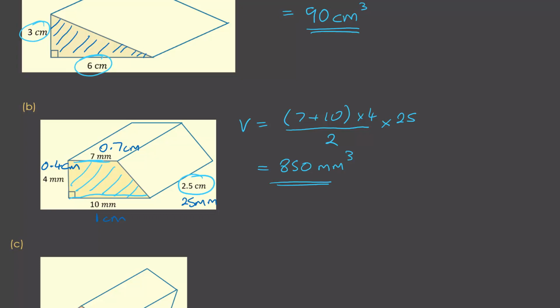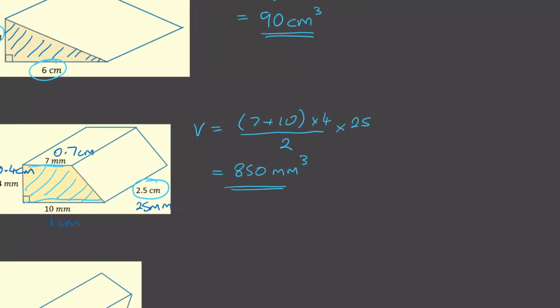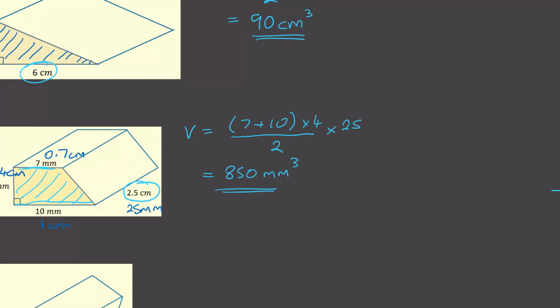Now let's do the same thing using the lengths in centimetres. So I've got 0.7 add 1 times 0.4, divide by 2 and then multiply by 2.5.